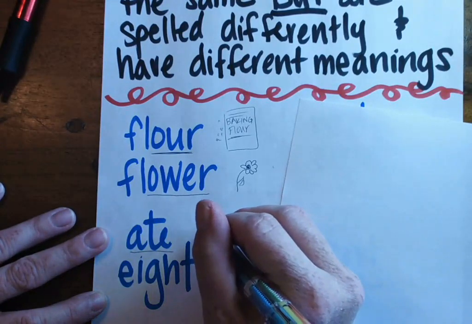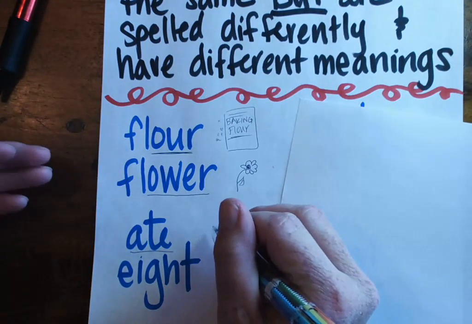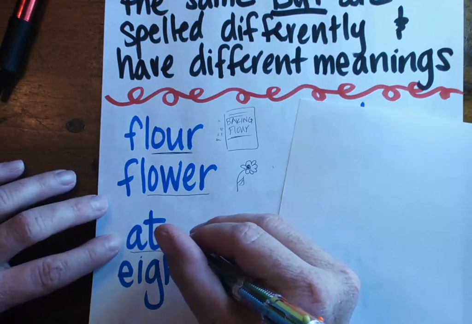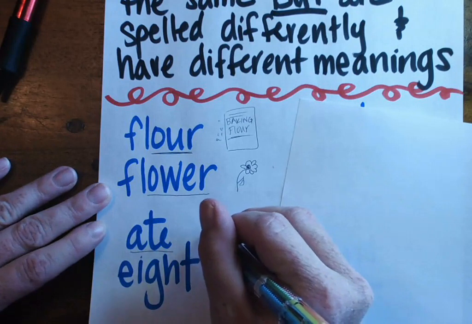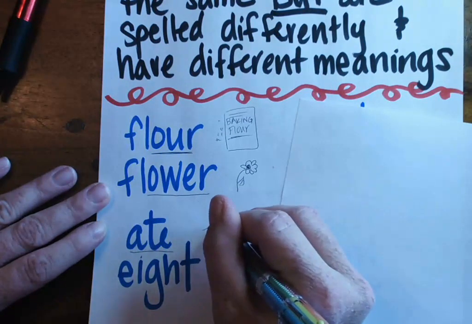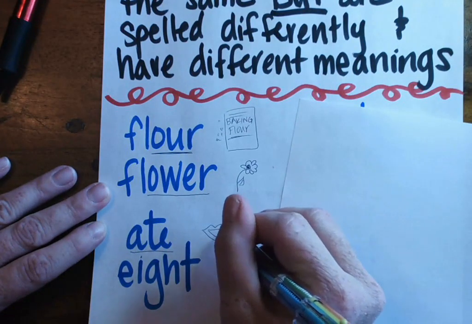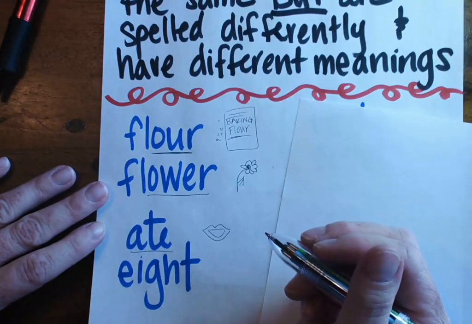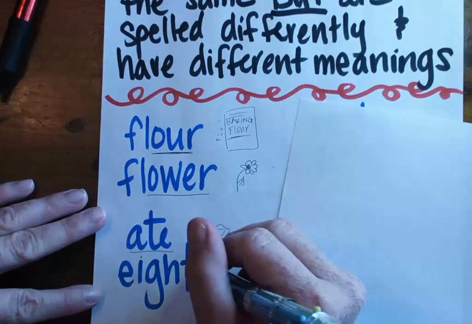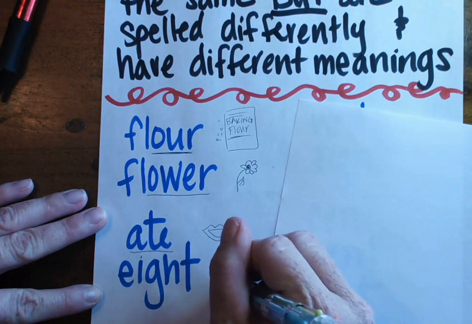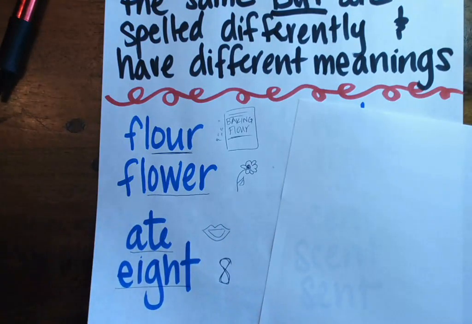ATE is the past tense of the word eat, right? So when we say the word ate, we're talking about putting something in our mouth to eat, in the past. All right, and then this one, as most of you know, is the number 8. But they sound exactly the same. That's okay because they're homophones. We just have to know that they're spelled differently and they have different meanings.